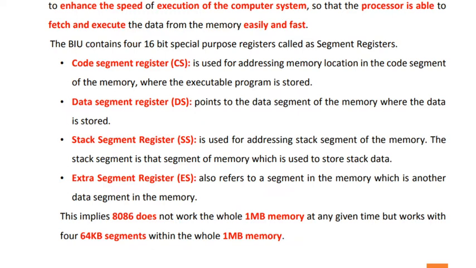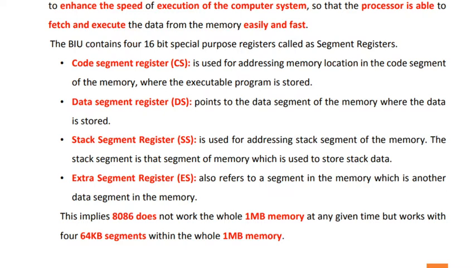So every program in case of the 8086 microprocessor is allocated 256 kilobytes of memory space because we have four segments in each program where the size of each segment is 64 kilobytes.